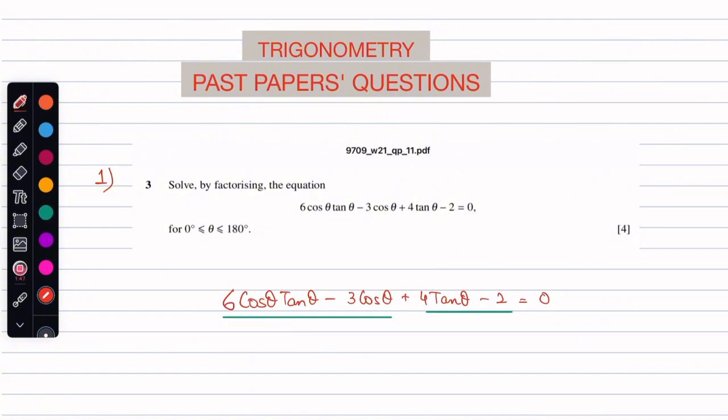From the first 2 terms that I have underlined, I can take 3 cos theta common, and I will be left with 2 tan theta minus 1. From the last 2 terms, I can take a positive 2 common, so that I'll be left with 2 tan theta minus 1, which shall be equal to 0.